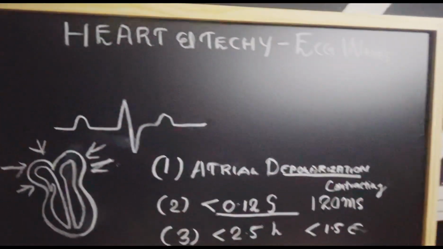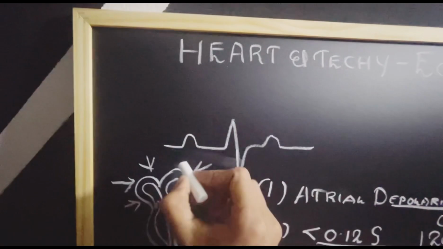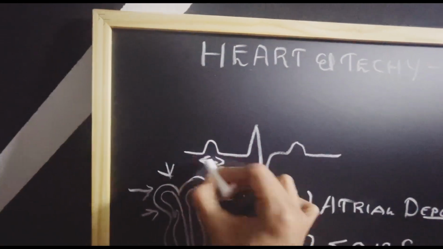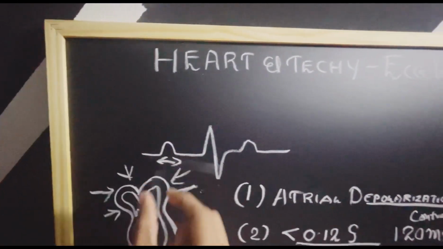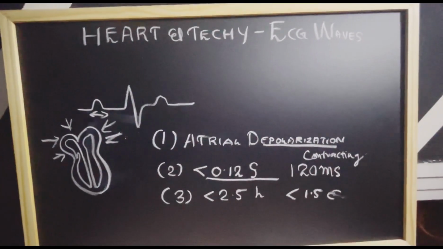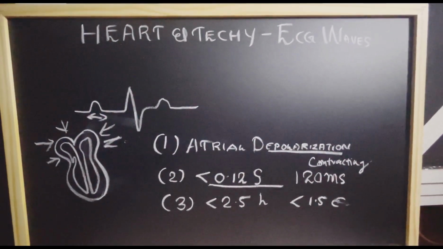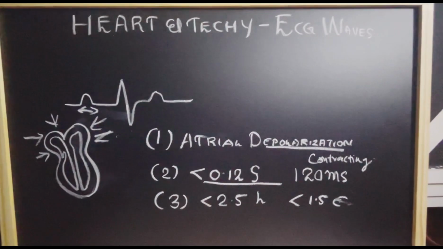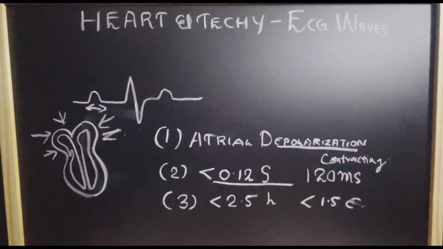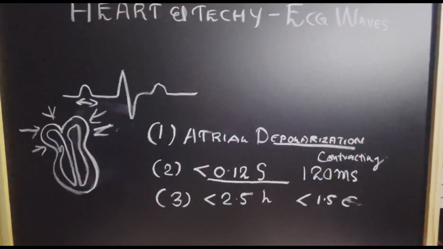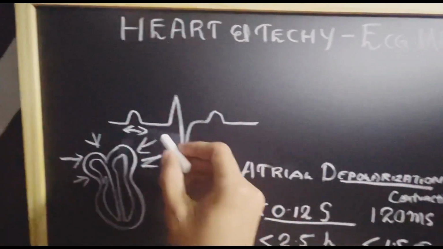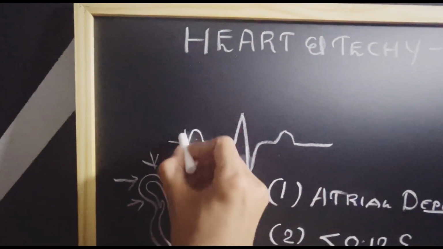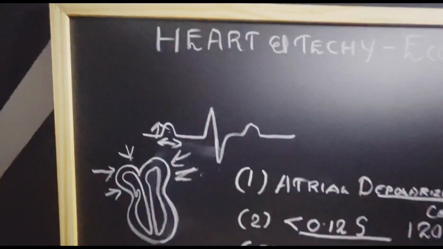Duration means for how long this P wave is seen in the ECG. Then next, what is the amplitude of the P wave? Amplitude means the height. If this is the P wave, this height is known as the amplitude.